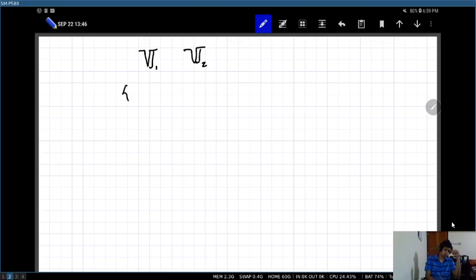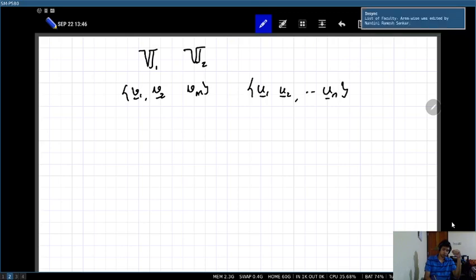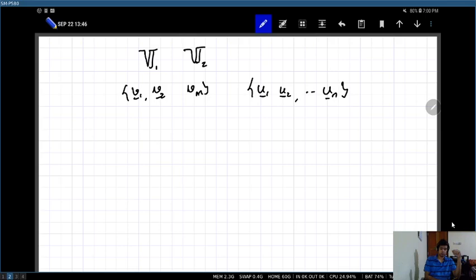Suppose that V1 has a basis v1, v2 up to vm, and V2 has a basis, say u1, u2 up to un, then V1 is orthogonal to V2 if and only if every vi is orthogonal to every uj.